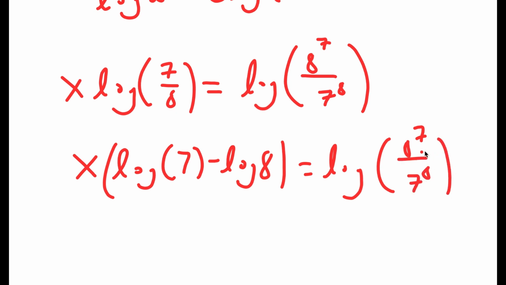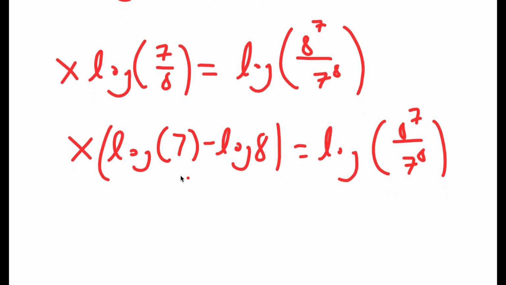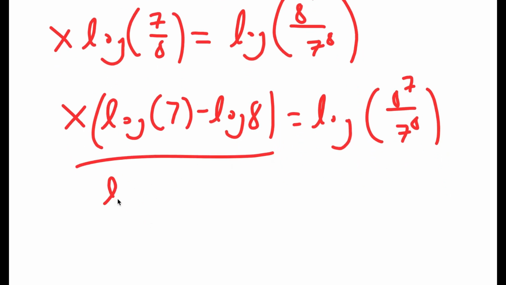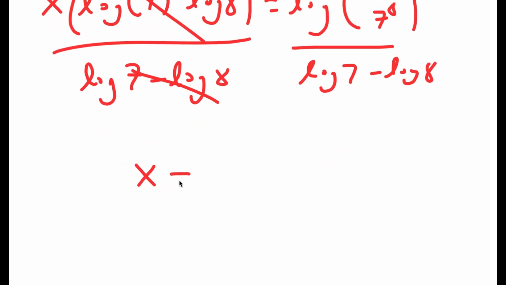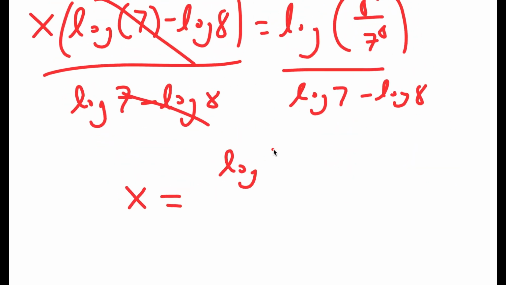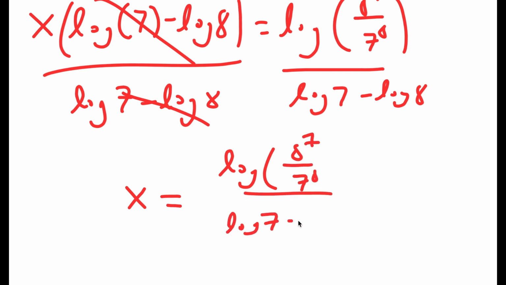And now, I'm going to go ahead and divide both sides by log 7 minus log 8. So then these two cancel out, and I get x is equal to log of 8^7 over 7^8, over log 7 minus log 8.